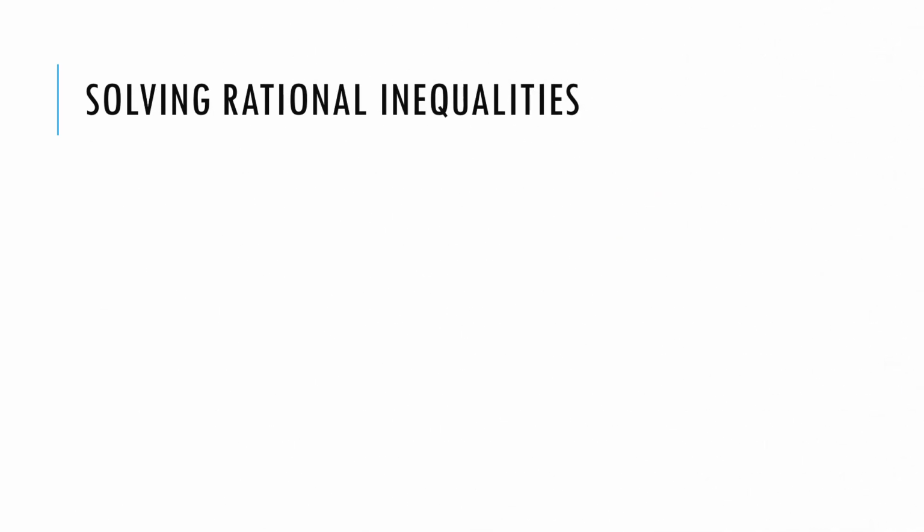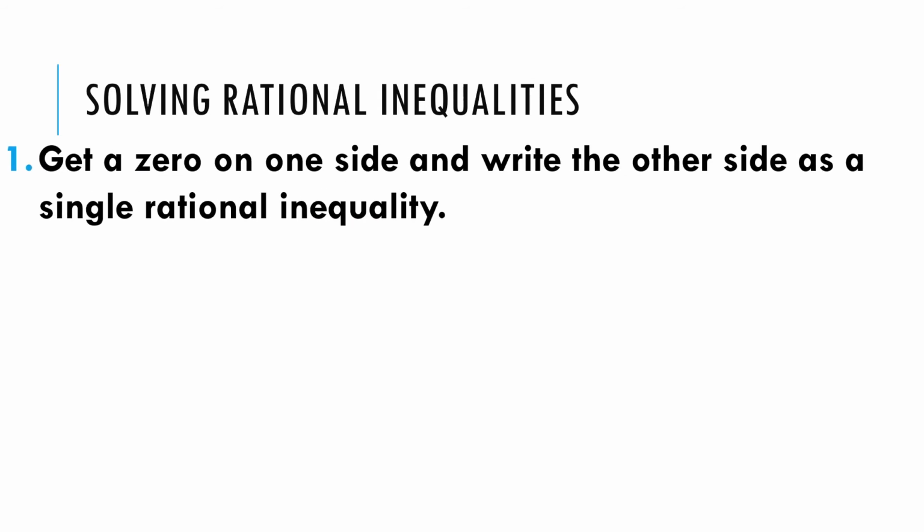So, here's the steps in solving rational inequalities. Number 1. Get a zero on one side and write the other side as a single rational inequality. So, ang ibig sabihin nito, dapat daw sa isang side ng inequality, zero siya, and sa other side daw, you have to express this as a single fraction or a single rational expression.